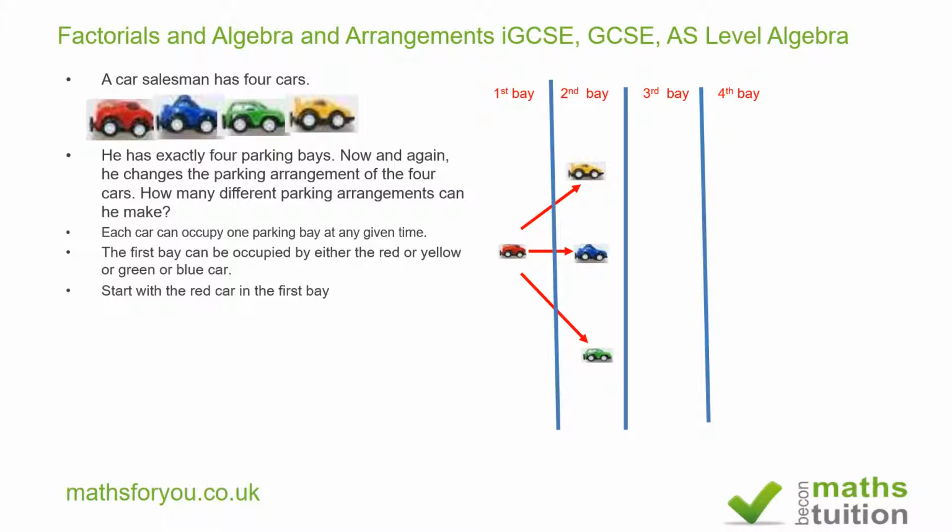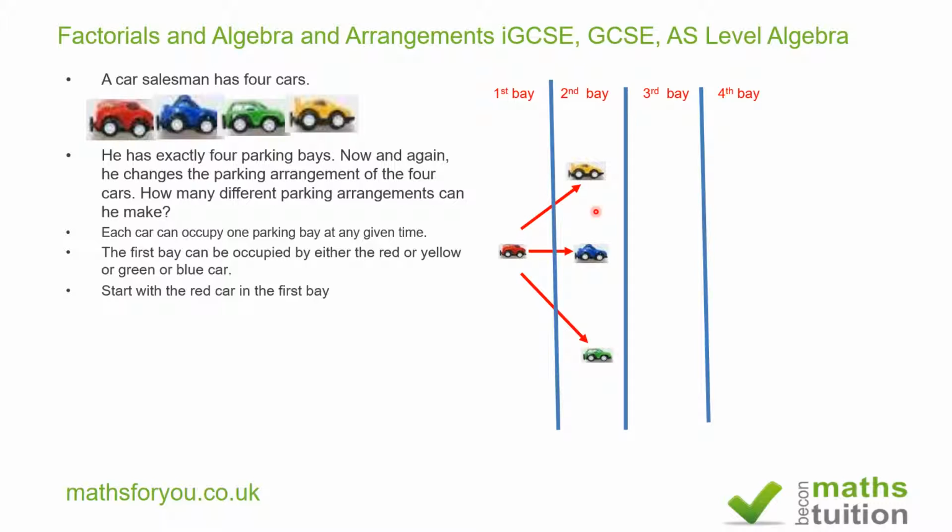So for the second operation, that of parking the car in the second bay, there are 3 ways I can do that for my red car. Now, let's assume that in the second bay, I've got a yellow car.